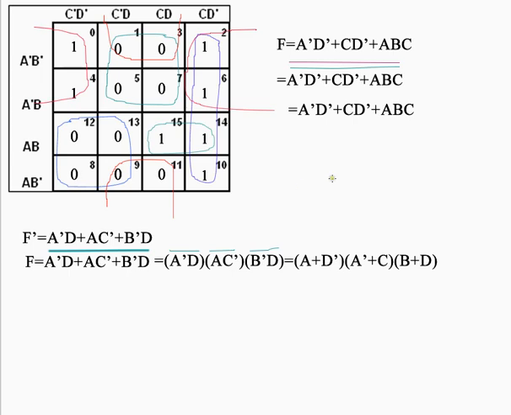First, I need to leave the red complement as is. So the red complement is staying as is. The green complement will turn the pluses, the ORs, into ANDs. So in the expression, this is going to be ANDs.